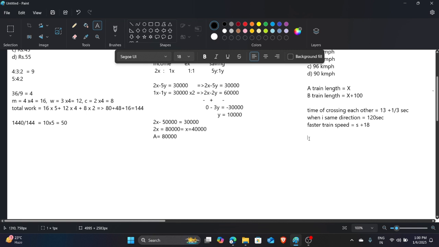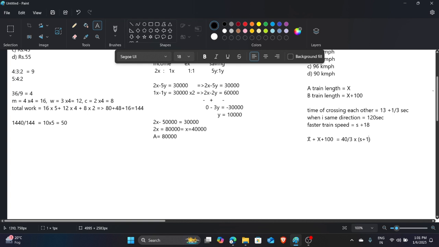So in the first condition, the distance is this in both conditions. The time taken by them to cross each other is 13 plus 1/3, that is 13 times 3 is 39, 39 plus 1, so 40 by 3. If they are crossing each other, it means they are coming toward each other in opposite directions, so the speeds just add. So what is the first train speed?